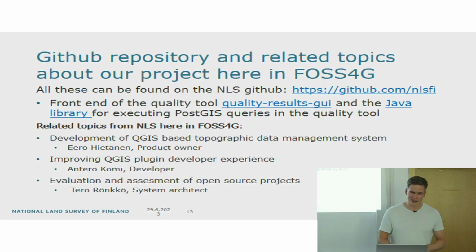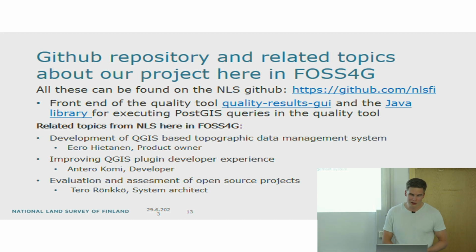And alright, then there's the GitHub repository and some related topics here in FOSS4G from NLS. So basically, you can find all of these in the NLS GitHub. And we have published the front end of the quality tool and the Java library for executing the QGIS queries in the quality tool.